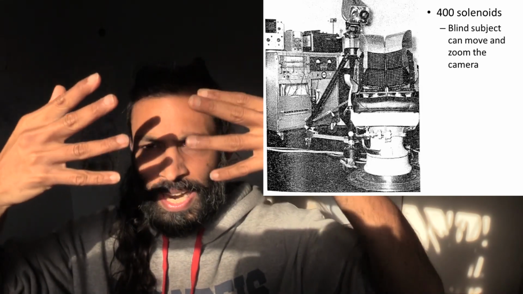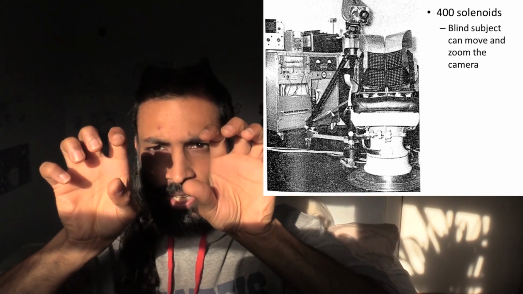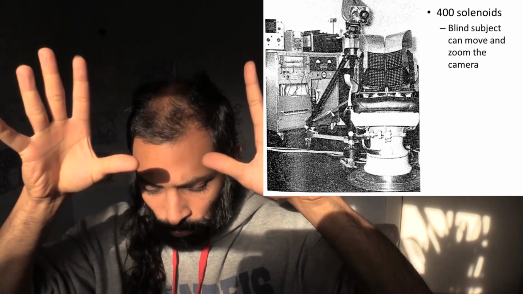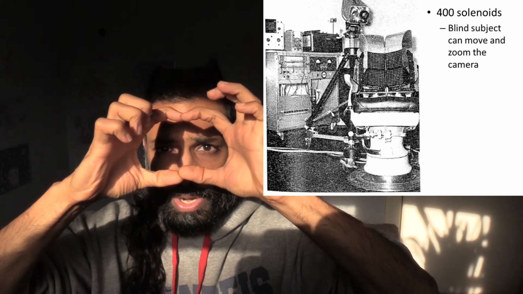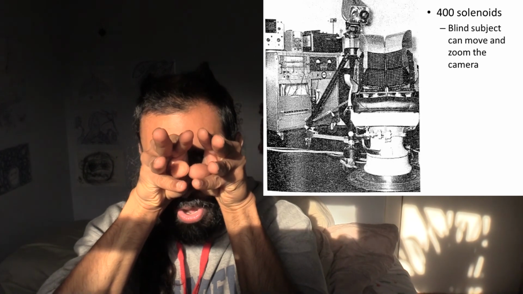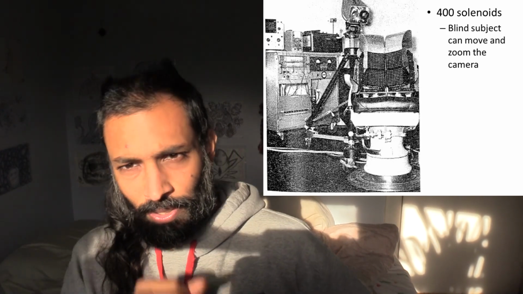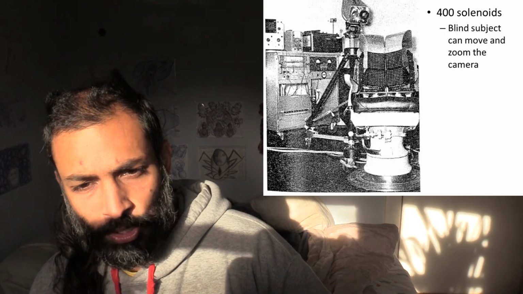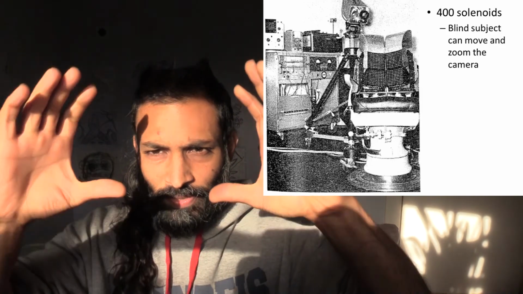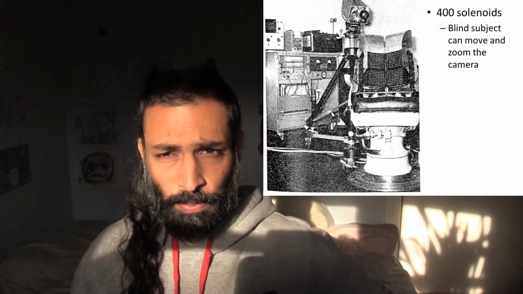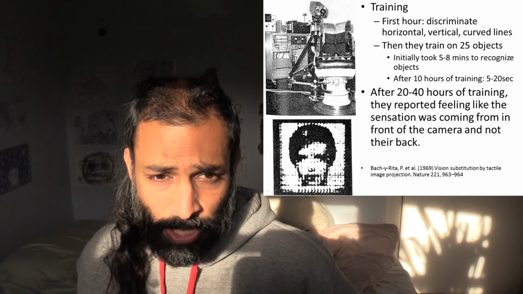So whatever the movie camera saw, it converted into pokes on the back. So if, let's say, it just saw a square, then you have a square pattern of rods coming out and poking you. And then they took blind individuals and put them in the chair, and gave them control over the camera so that the person could orient it and explore the environment. So it's pretty cool.